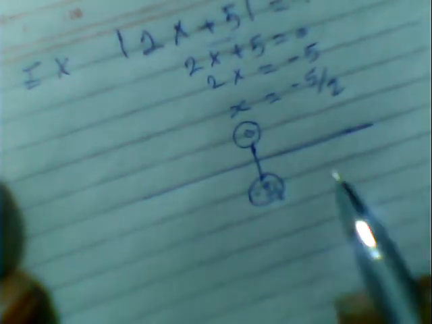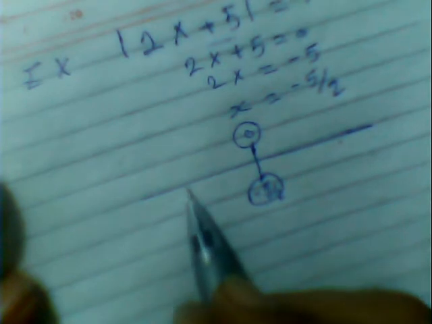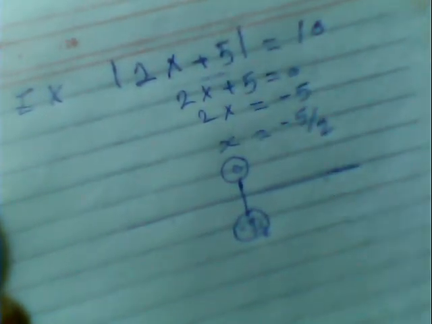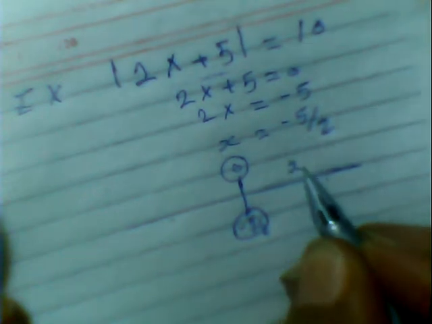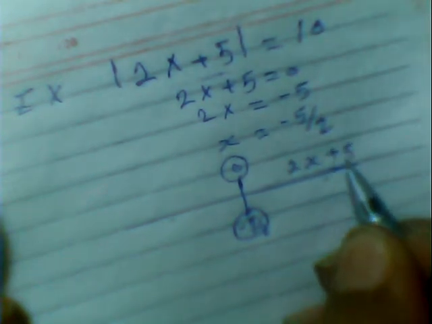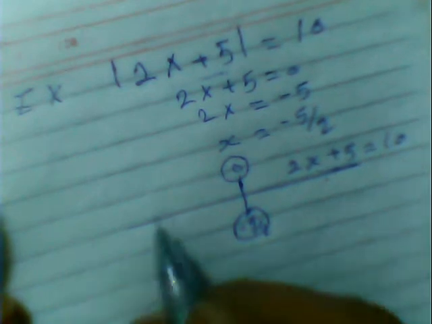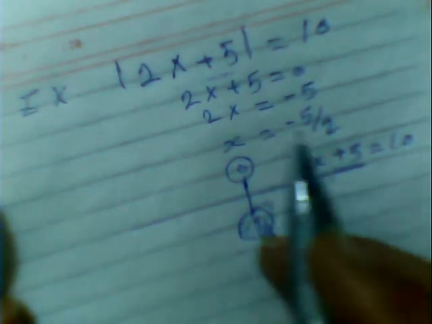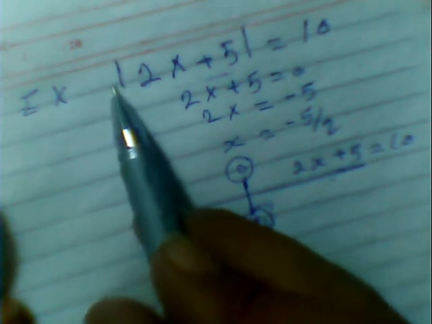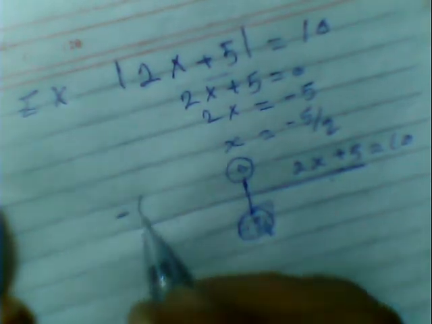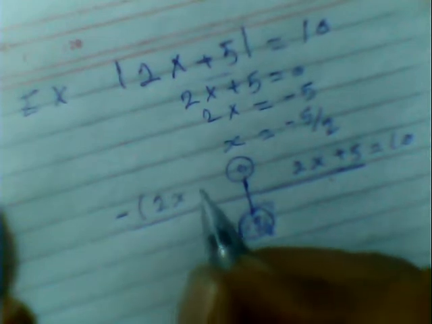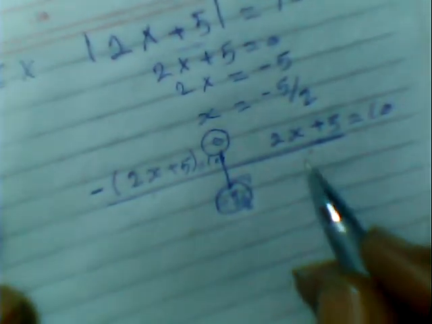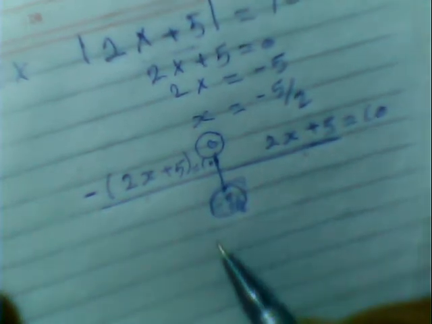We have two sides, right hand side and left hand side. Then we put this equation here with the same sign: 2x plus 5 equals 10, and for the left hand side, from the zero of the modulus we change and put minus 2x plus 5 equals 10. Then we can solve this equation and the other one.